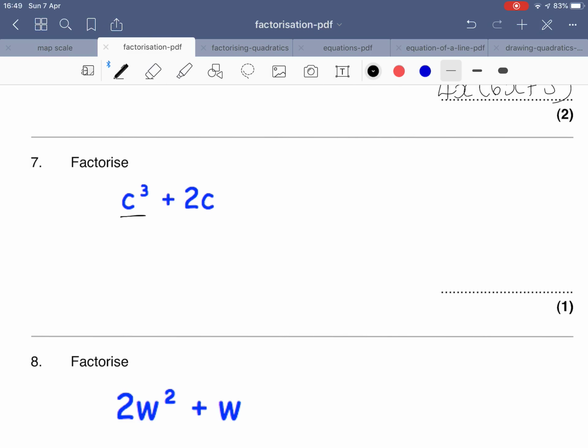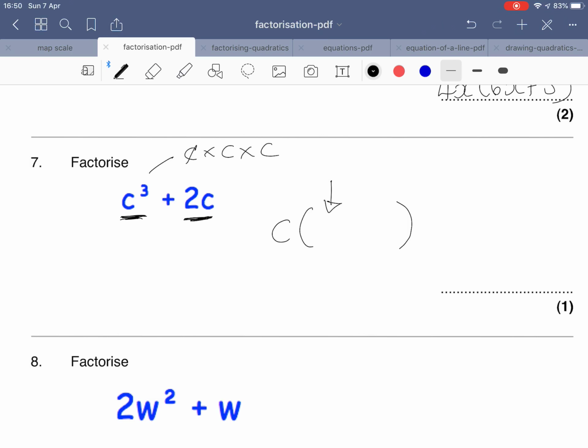Okay, next one. So this one has a c cubed. So this means c times c times c, and I've got 2c. So immediately I know there's a c on the outside, only 1, because I've got 1 in here and 3 there, so I only need to cancel out 1. So c times what is c cubed.